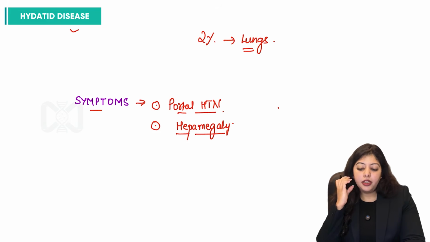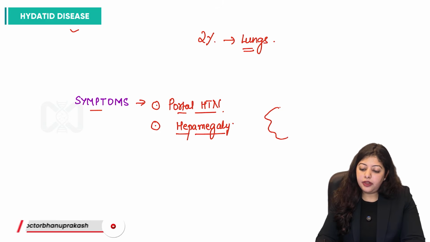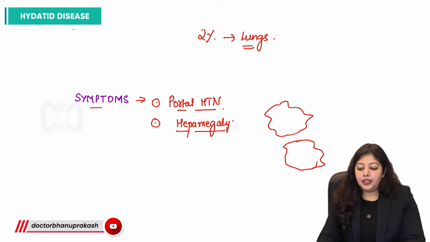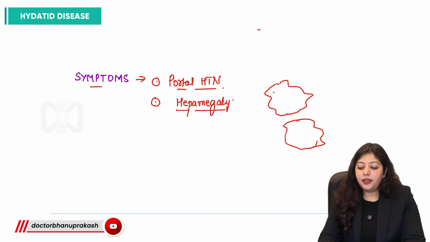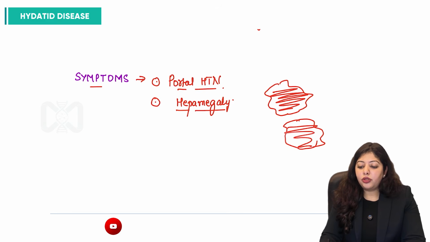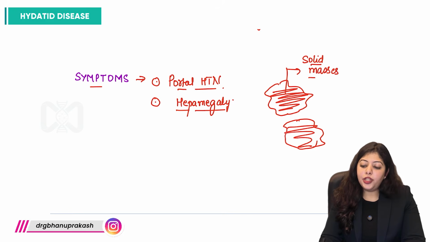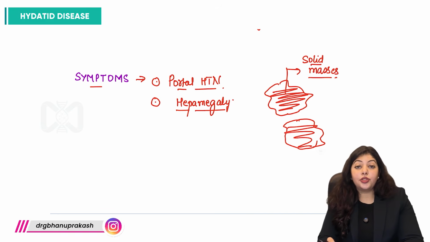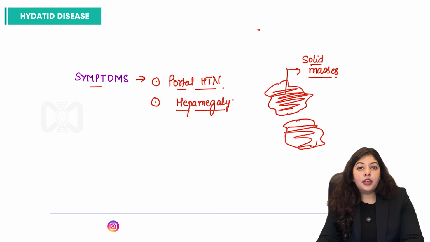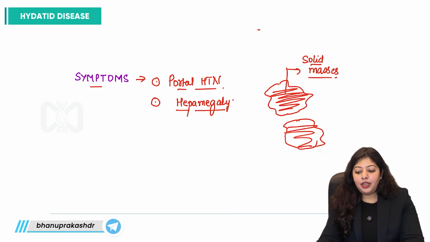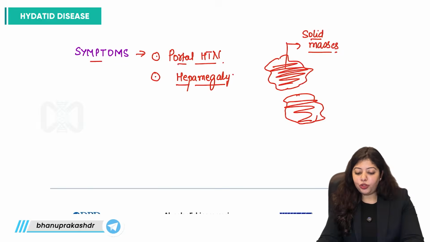They are going to be irregular. They'll have irregular margins, right? And these cysts are going to be composed of solid masses, and there's not going to be presence of any fluid. So this is a major difference. These cysts would be composed of solid masses. They'll have irregular margins, and liver still remains the most common site.